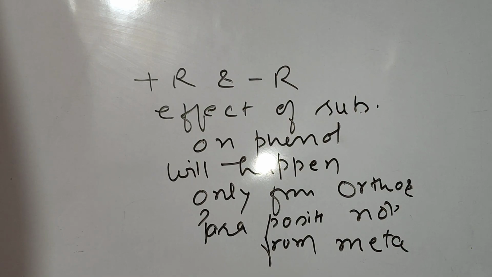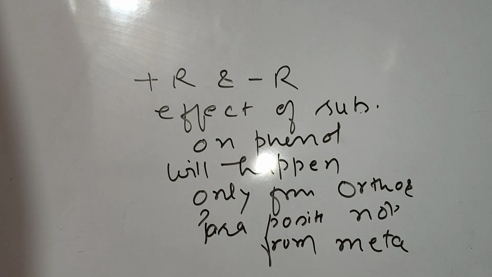Whereas plus I and minus I effects can be operated from any position, ortho, para, meta, it doesn't matter. Only distance matters there. Please check plus I and minus I effect cases and plus R and minus R effect.